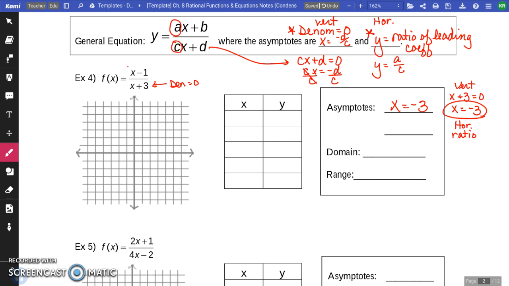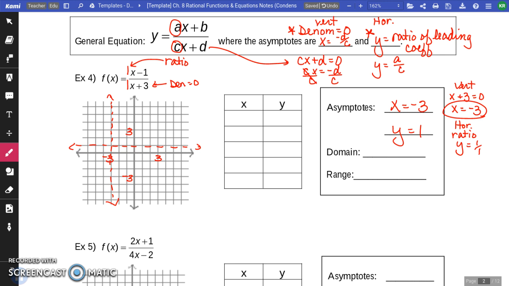So my leading coefficients are 1 and 1. Okay, so ratio, well, y equals 1 over 1. That's just y equals 1. Okay, so sketch in your asymptotes. Again, don't forget, give me a couple labels on your graph so it's easier to read your graph.